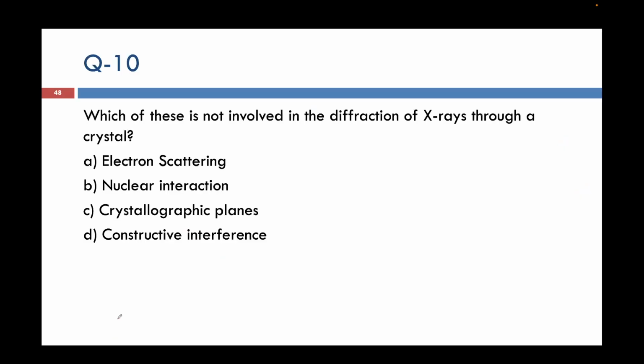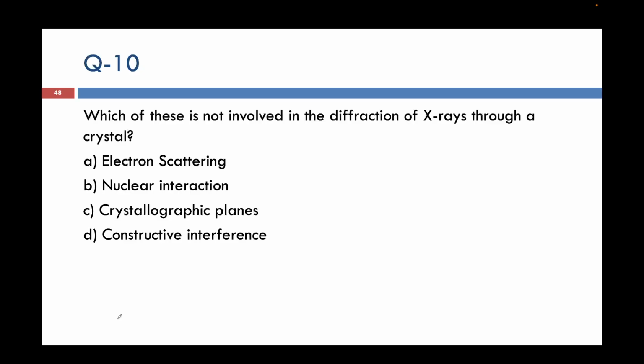Which of these are not involved in the diffraction of X-rays through a crystal? I think you will be studying this in the next class also, but I have told this in this class regarding scattering. All this scattering is happening due to electrons, and because in elastic scattering mass is involved, the nucleus has sufficient mass, so it is not able to do the scattering.